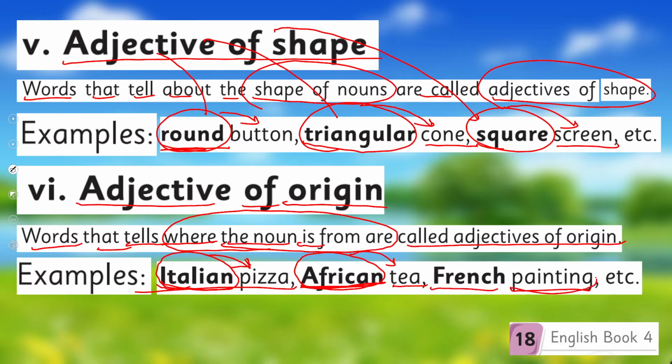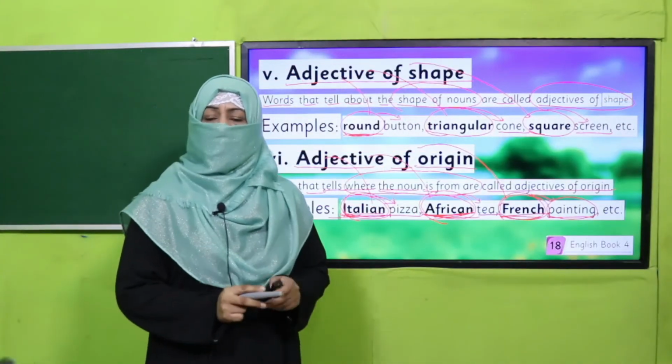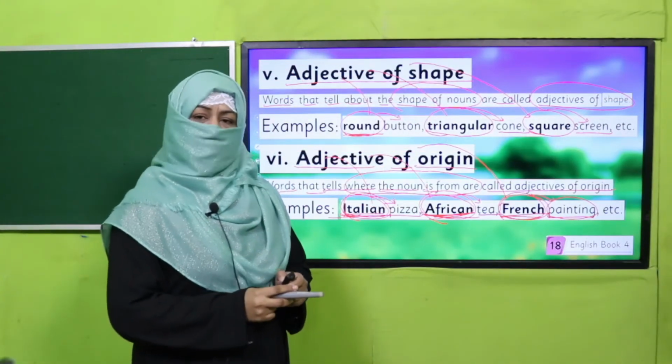A painting which was painted in France. That's why it's French painting. So these words which tell where the noun belongs to are adjectives of origin. Italian, African, French, Pakistani dress, Pakistani culture, Pakistani language, all these words are adjectives of origin.